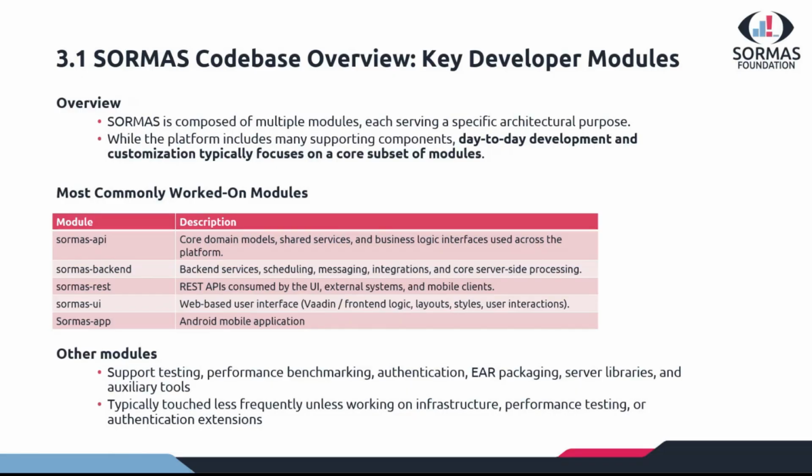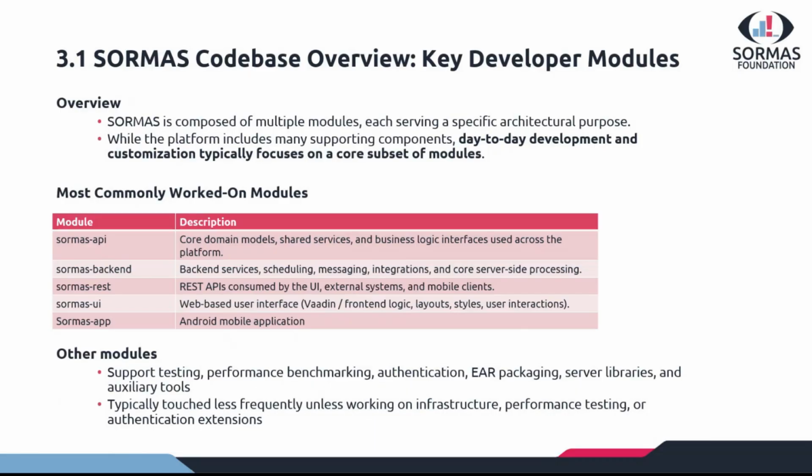These 4 or 5 modules include the SORMAS-API module. Don't confuse the word API to mean RESTful API. No. This module, SORMAS API, is the shared module of SORMAS. All other modules utilize this SORMAS API module.